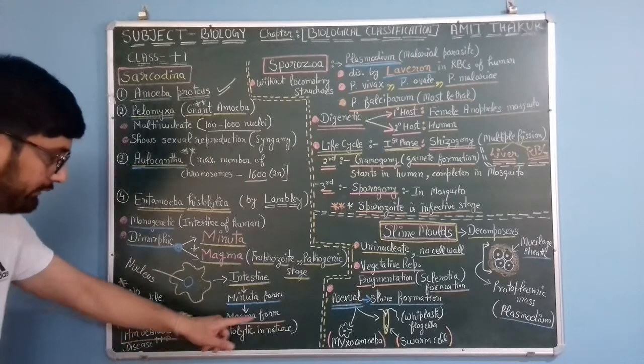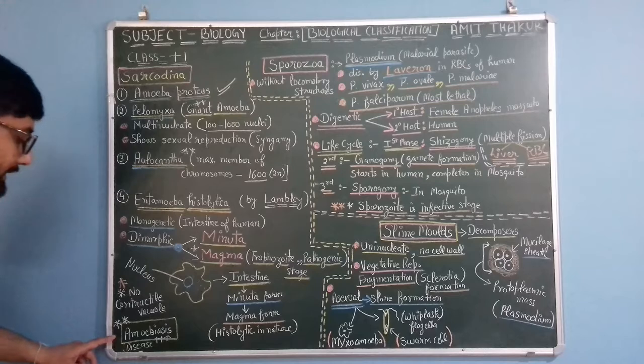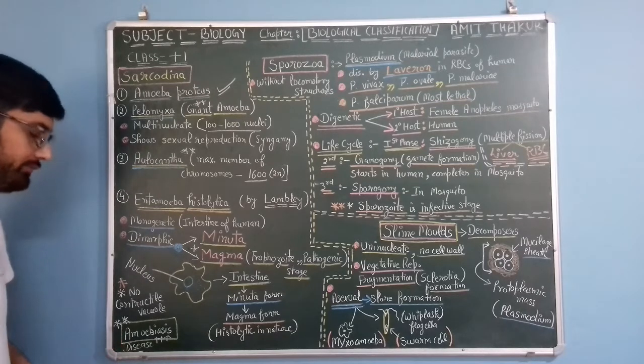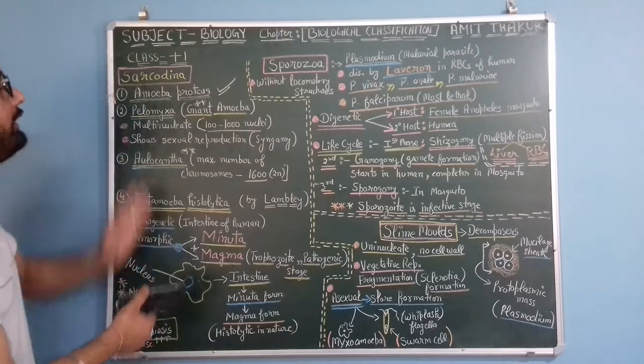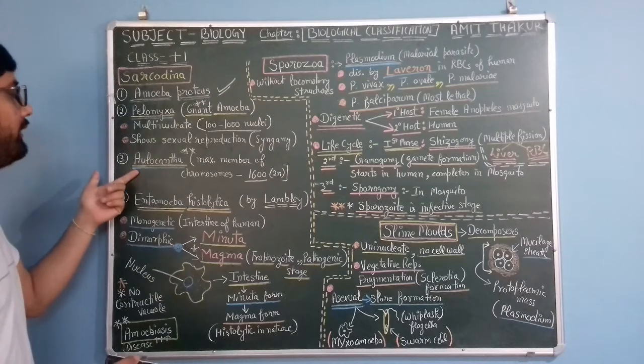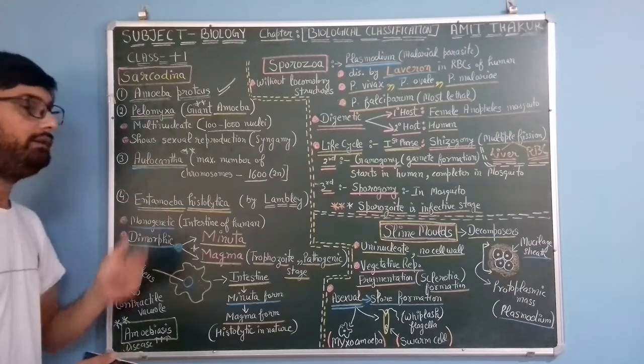This magna form causes a disease known as amoebiasis. So it's all about Sarcodina. We have studied Amoeba proteus, Pelomyxa, Olocantha, and Entamoeba histolytica.